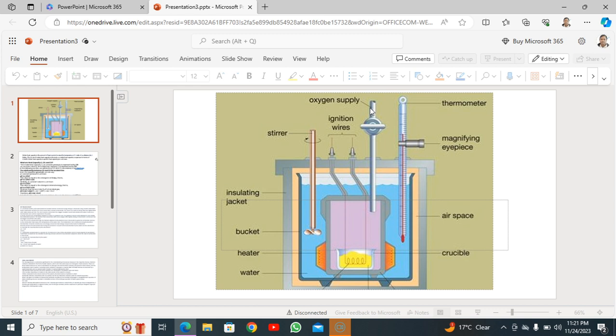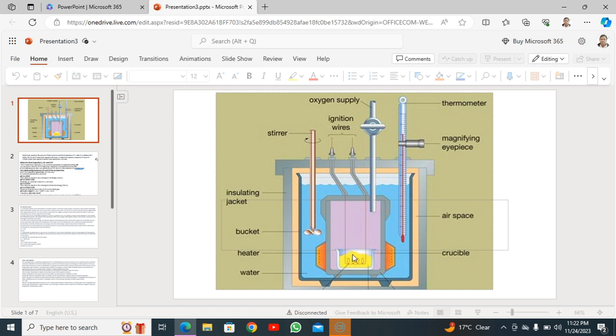What I have told: this is the oxygen supply valve, this is the thermometer, and this is the platinum crucible where the combustion material is kept. Combustion is started by this ignition wire, and this is the stirrer. This is the water, and this is the heater for heating the water.